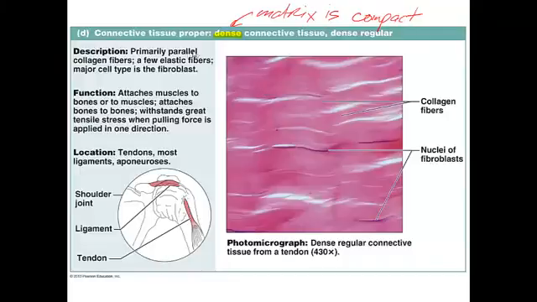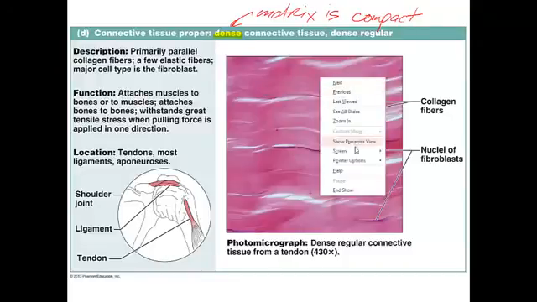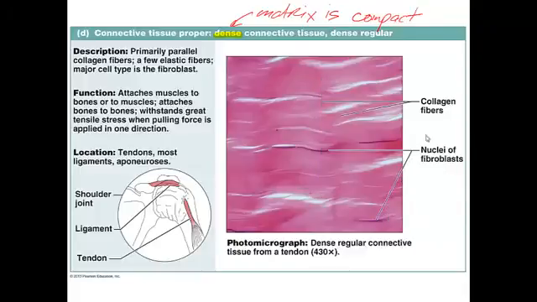And in this case, there are many collagen fibers. So the collagen fibers are the main fibers that actually make up this type of connective tissue. You'll see that it's located in joints, so it makes up ligaments and tendons. And what's important to remember about this is that the collagen fibers are very, very parallel.